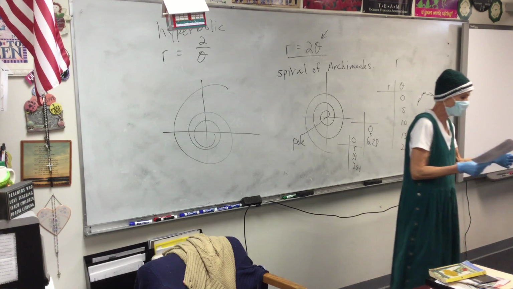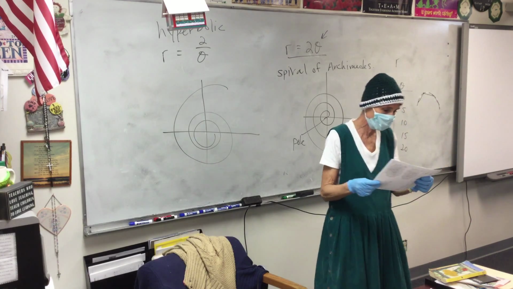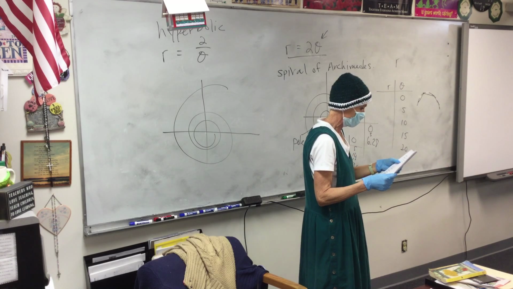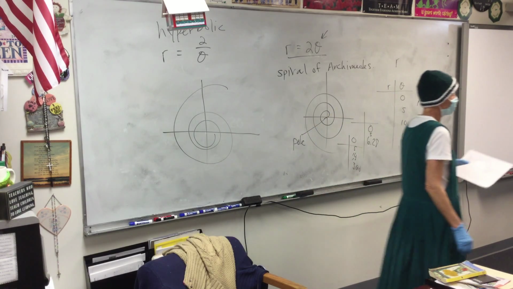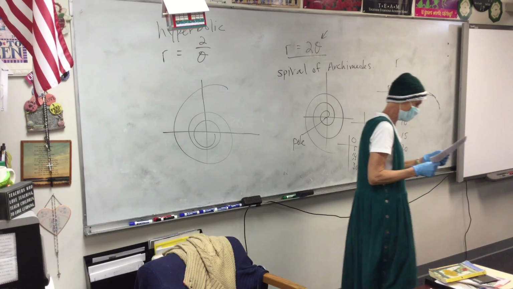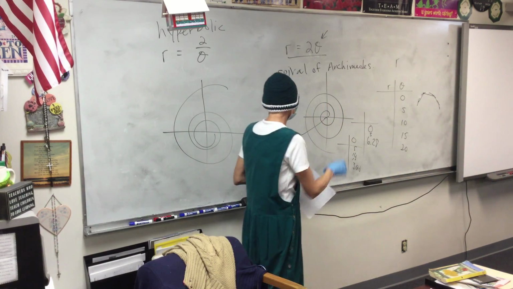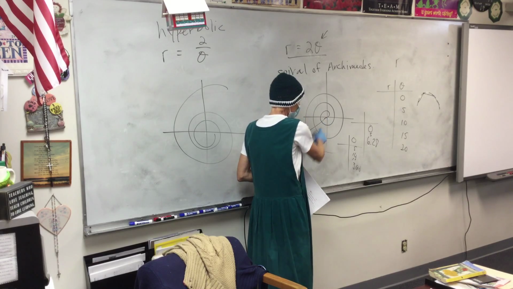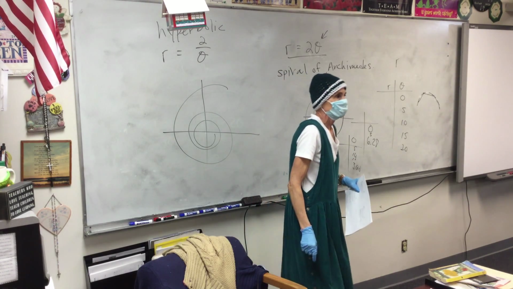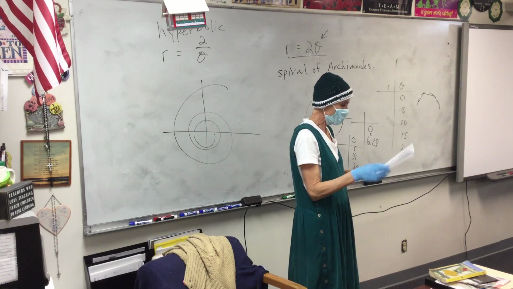How many leaves does it have? 4. Bingo. Perfect. How long is each leaf? 7. A figure 8 is also known as a lemniscate. The origin is also known in polar coordinates. We call it the pole.